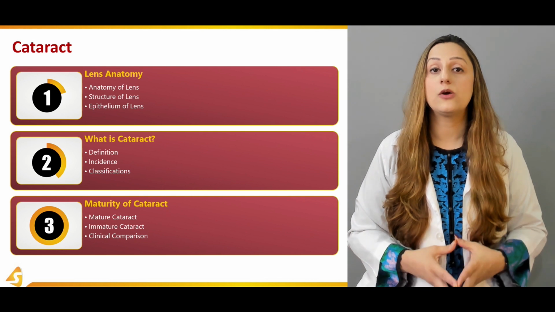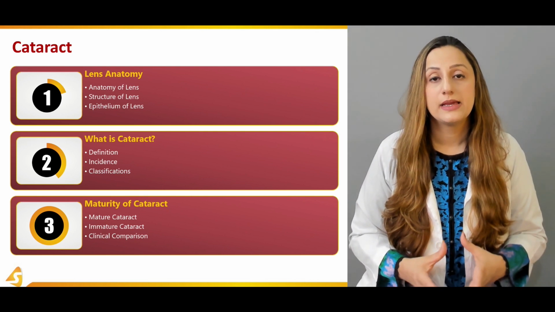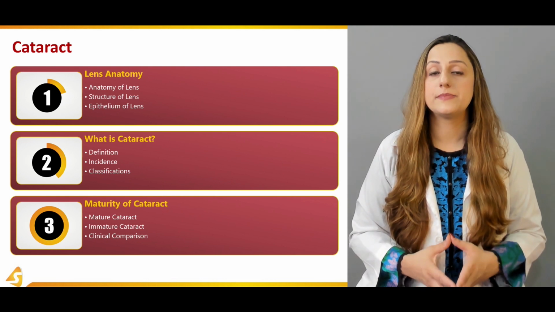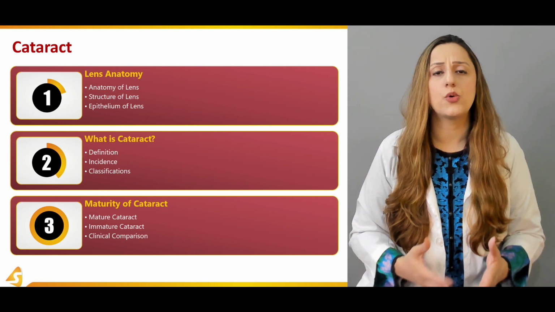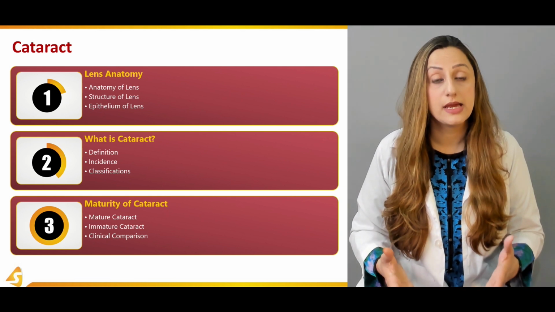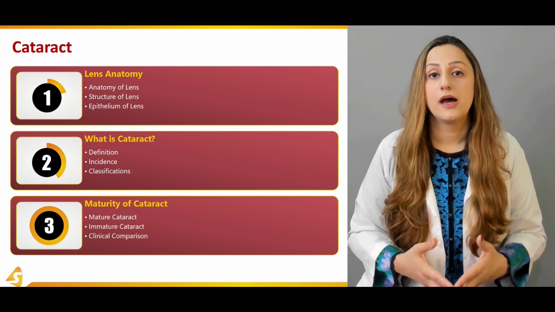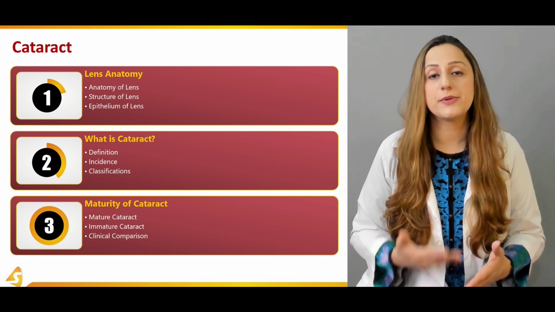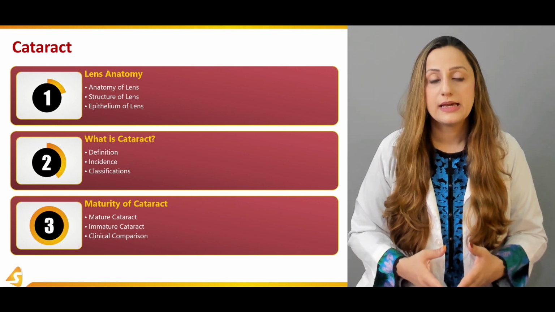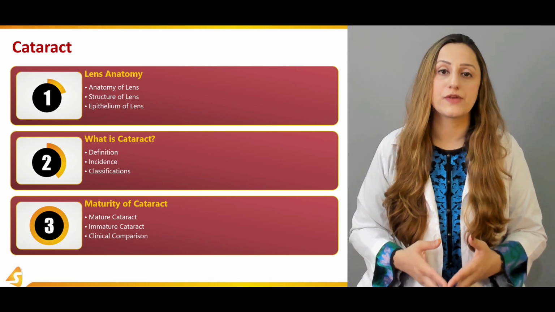This is quite a prevalent condition. It's reported quite commonly, usually in the 8th or 7th decade of life. It can be an age-related condition, so people usually present in the older age groups. Then we'll be discussing the different sorts of classifications.